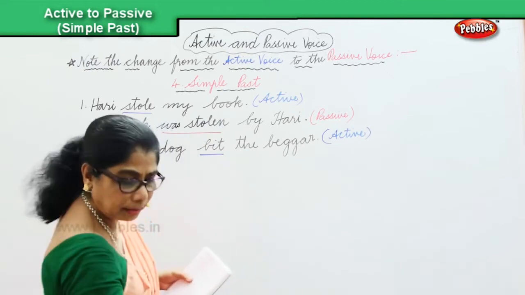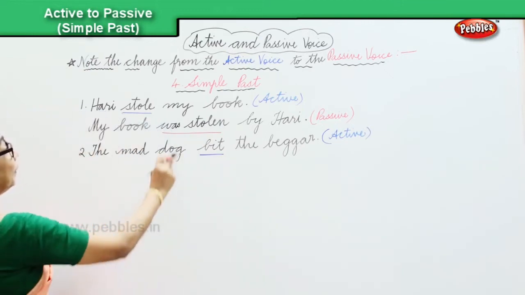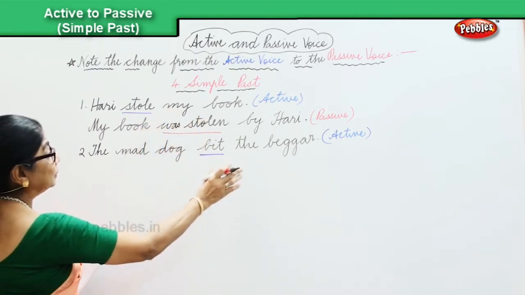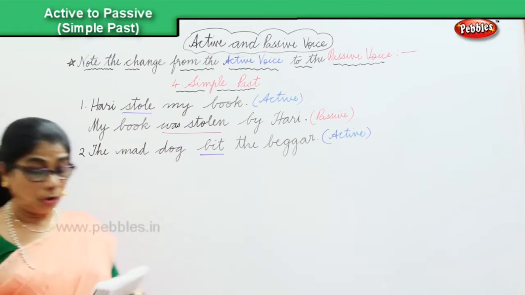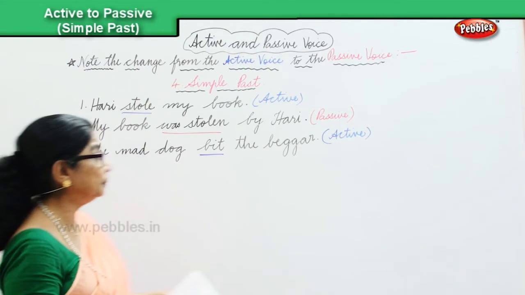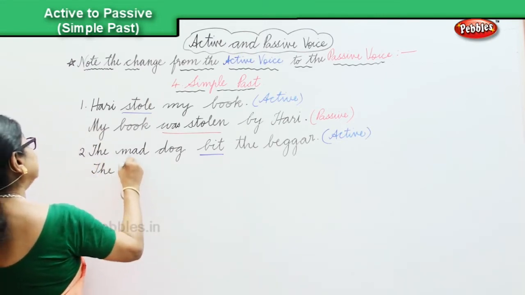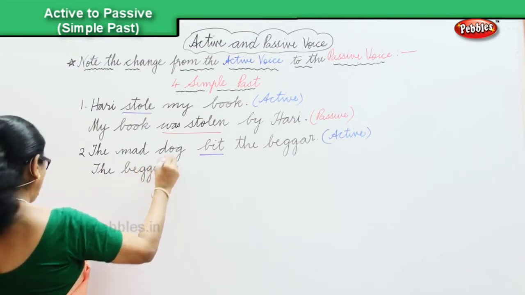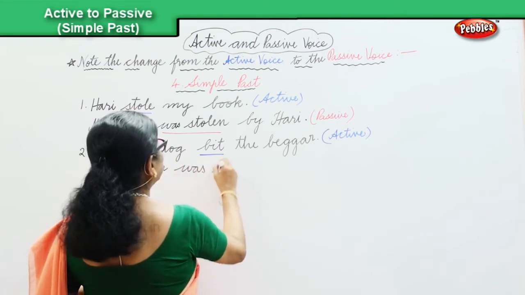Now, let's look at the changeover from the active into the passive in simple past. The beggar was bitten by the mad dog. The beggar was bitten.